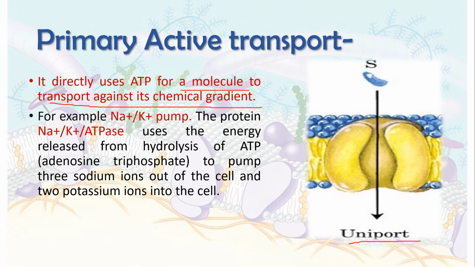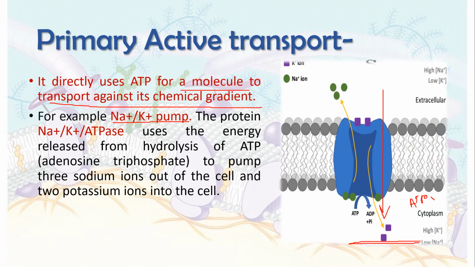In this, one substance or molecule moves across the cell membrane but against its electrochemical gradient with the use of energy from ATP. Such type of transport is known as Uniport. For example, the NaK pump, okay, sodium potassium pump, like this.